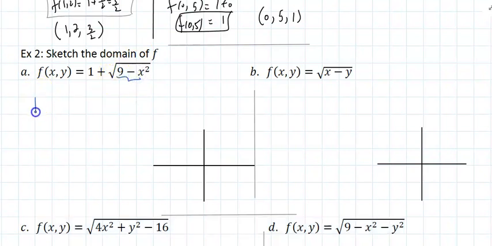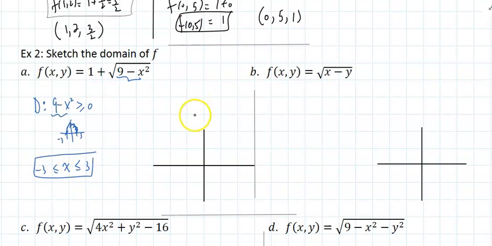I would say the domain is 9 minus x squared must be bigger than or equal to 0. And if you think of this as a graph, that's an upside down parabola crossing at negative 3 and 3. It's bigger than 0 when x is between negative 3 and 3.